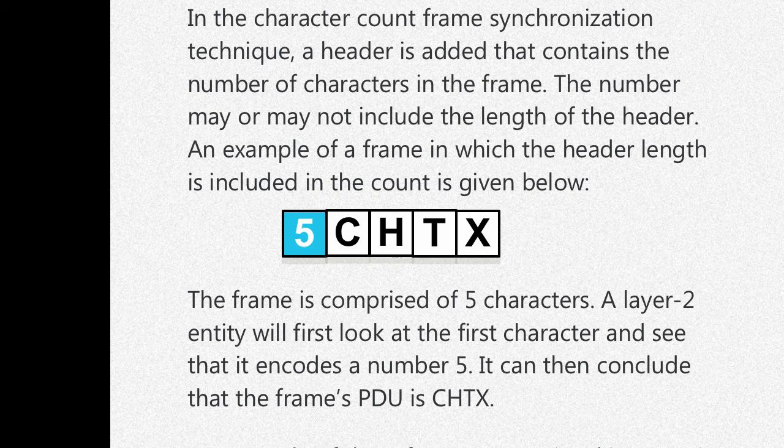This header contains the number 5 because the resulting number of characters in this frame will be 5, including the header. You have 5, C, H, T, X. The character count is therefore 5.